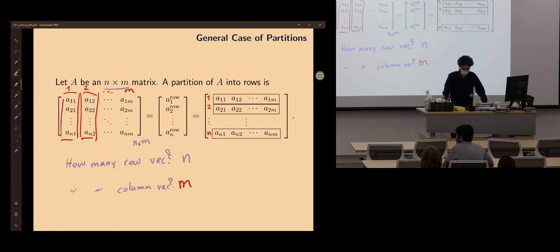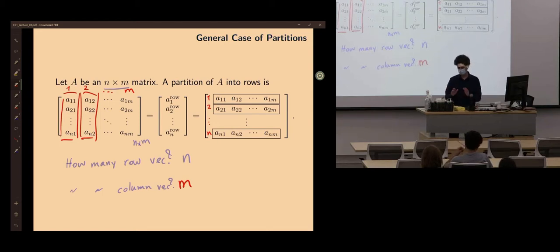What's the size of each row vector? N. 1 by n.